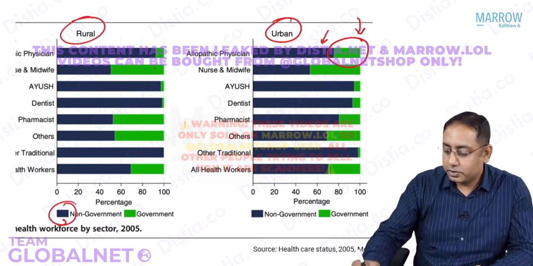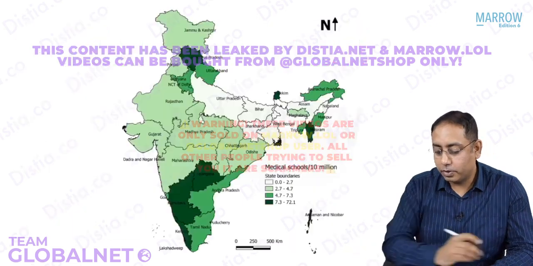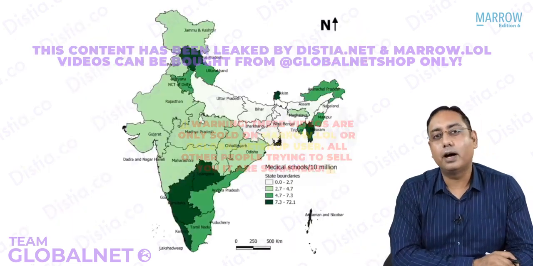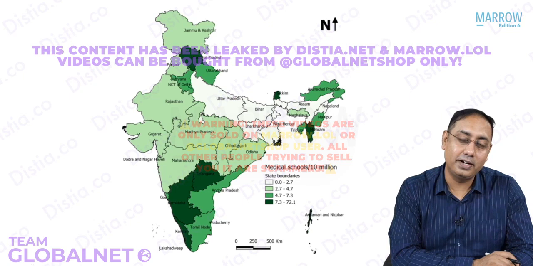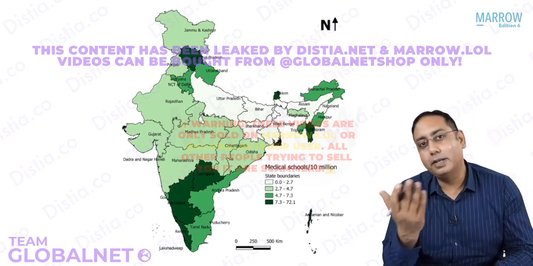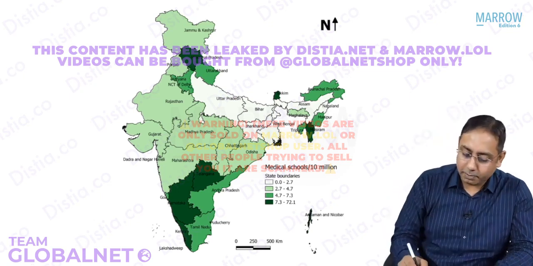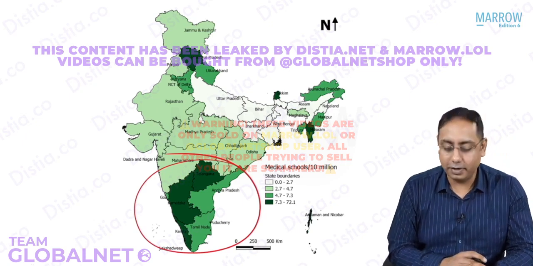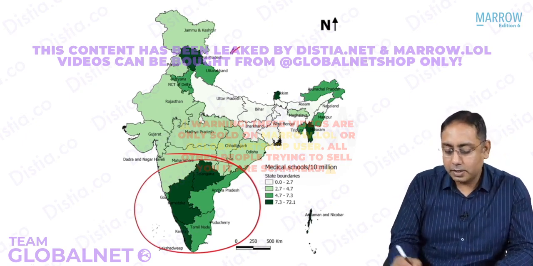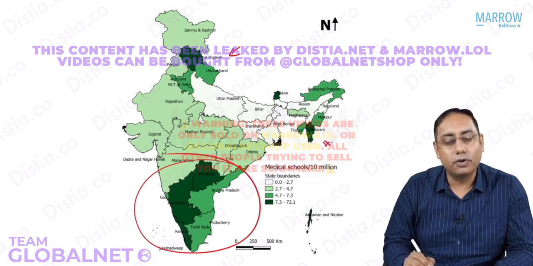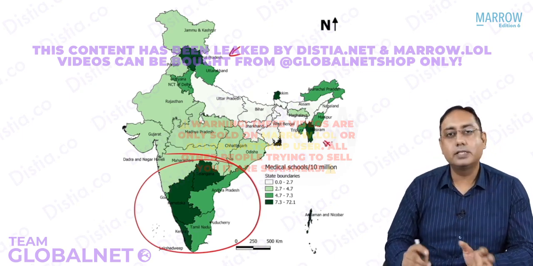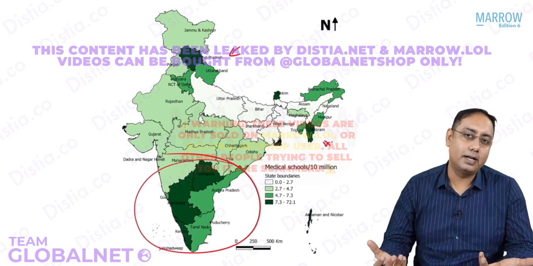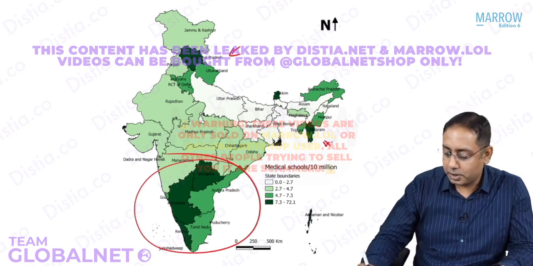So these are all the service indicators. You would also like to ponder how many medical colleges we have in India. Looking at the medical college to population ratio, the highest has been prevalent in the southern part of India, along with Himachal Pradesh and some parts of the northeastern states from Mizoram. The number of medical colleges is slightly more per unit population.